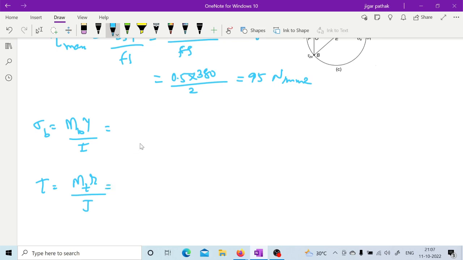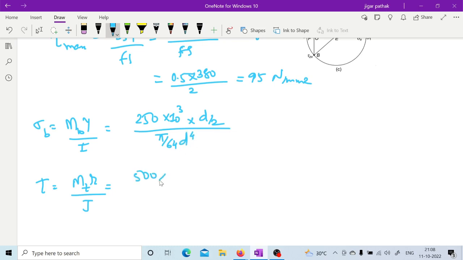Here, as you can see the circular cross section, this is 250 into 10 raised to 3, because P is 1 kilonewton, that is 10 raised to 3. y is d by 2, and for a circular cross section I is pi by 64 d raised to 4.